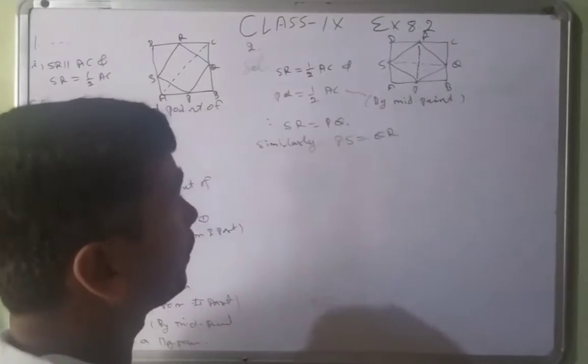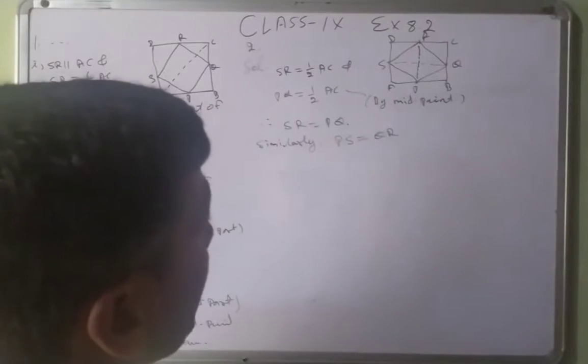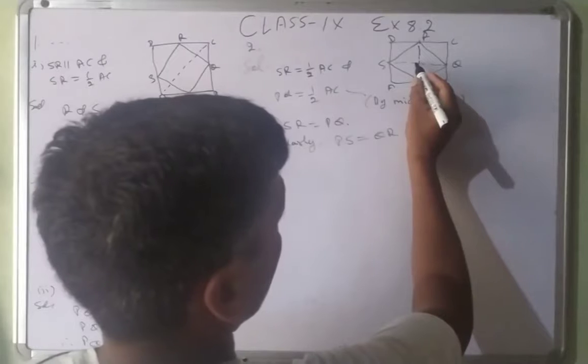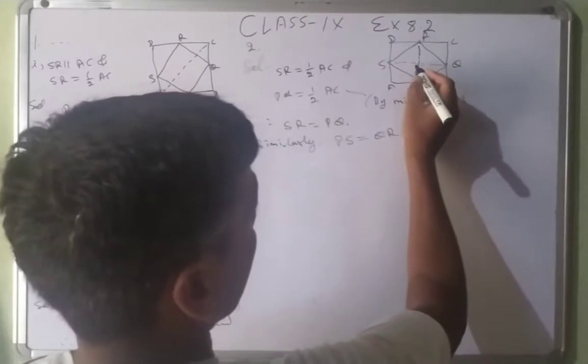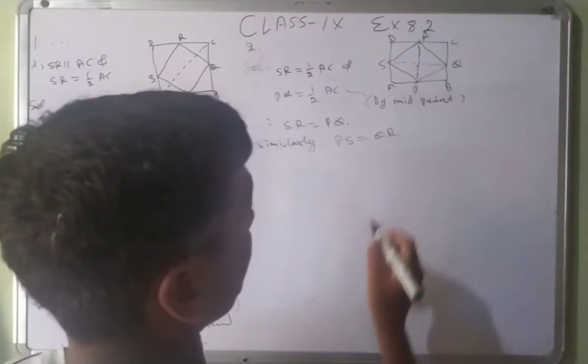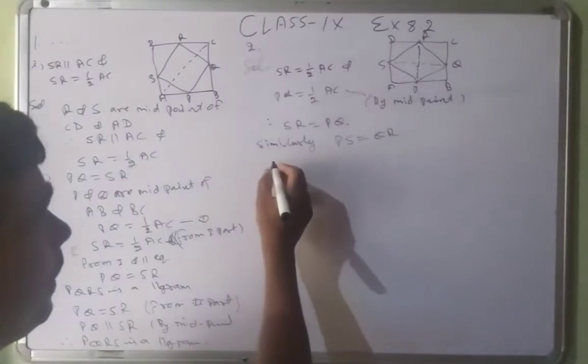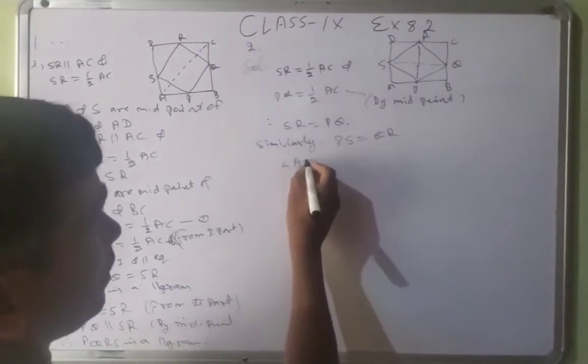It means we have proved that opposite sides are equal, and we need to prove that one angle is 90 degrees.